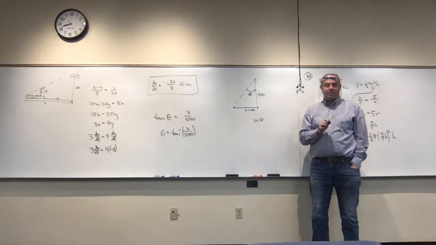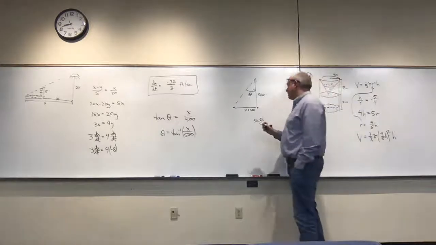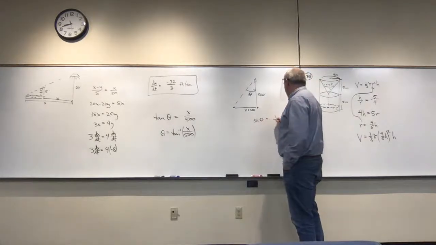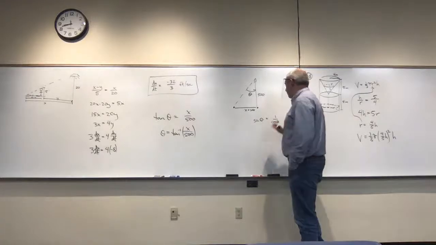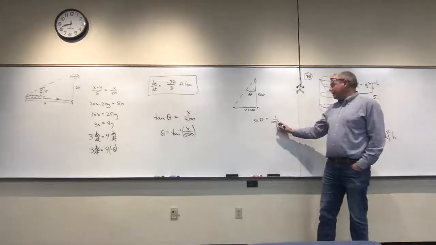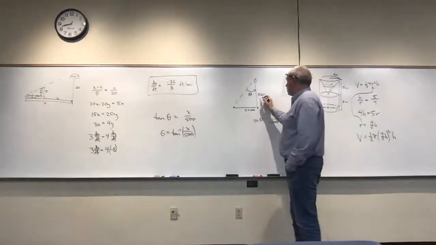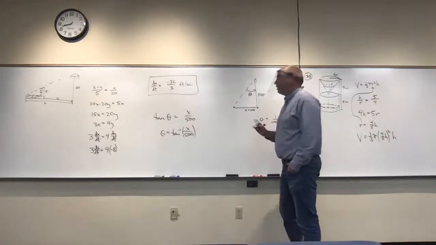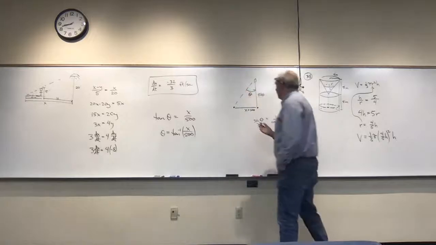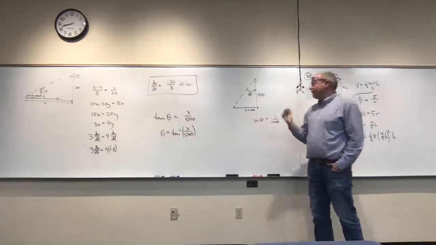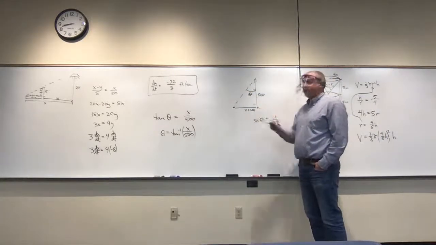So if I wanted to know what secant of theta is, I don't have to know what theta is. Secant of theta is 1 over cosine of theta. Cosine of theta is the adjacent over the hypotenuse. The adjacent side is 500. I don't know what the hypotenuse is, but I could figure it out using this right triangle.